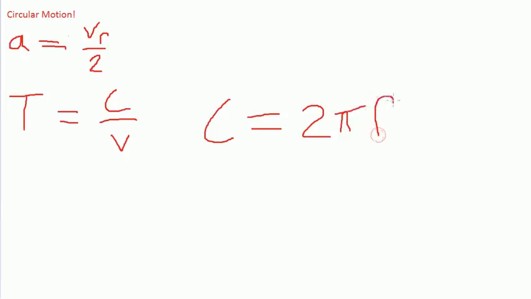We set T equal to the circumference of the circle over the velocity, where the circumference equals 2 pi r, R obviously representing the radius.